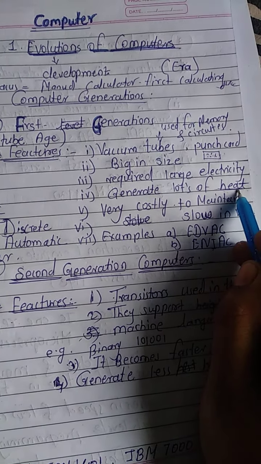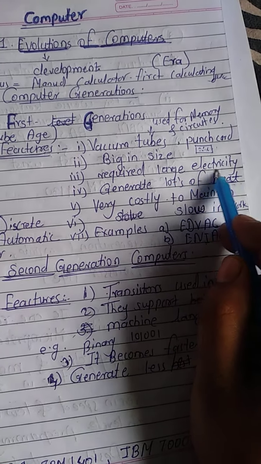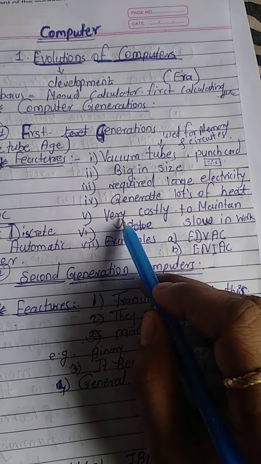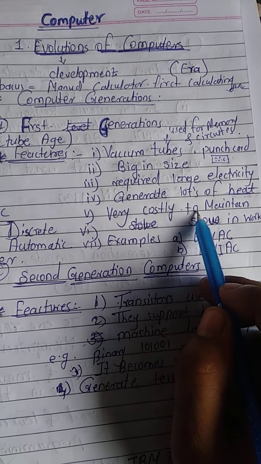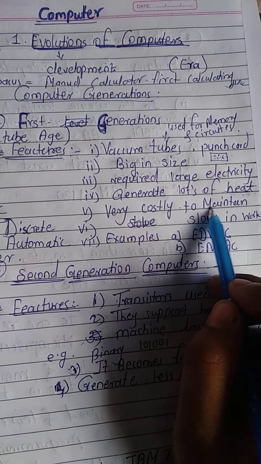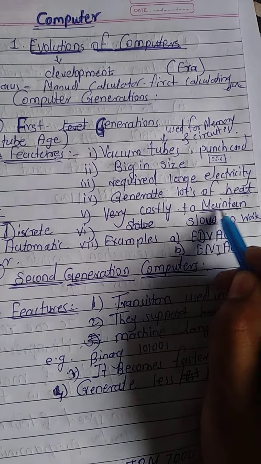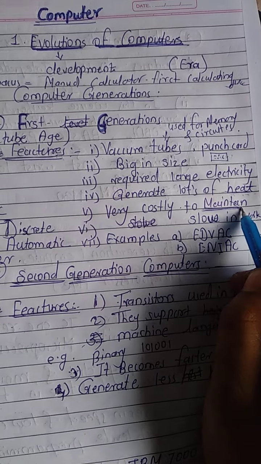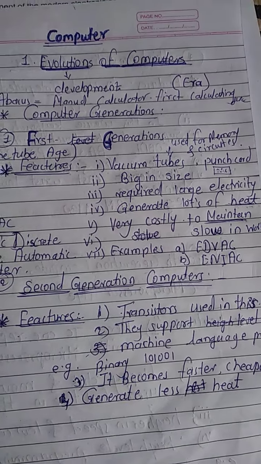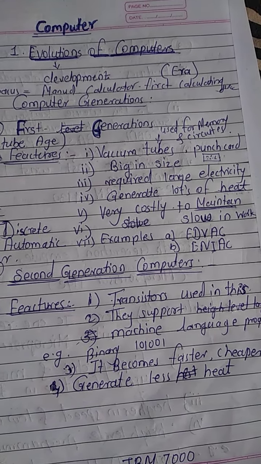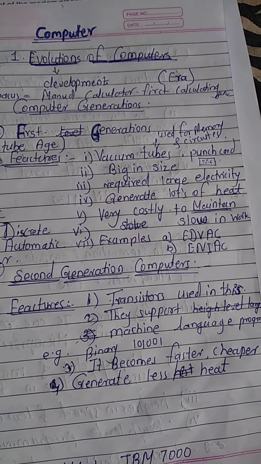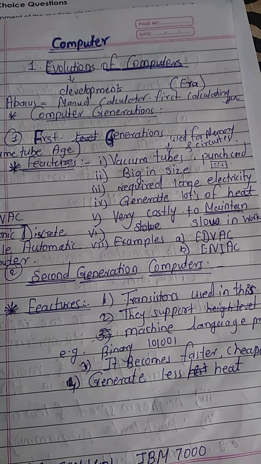So it generates more heat, and that's why it is very costly to maintain. Maintain means when any part of our old computer is damaged, at that time we have to replace it. It is very costly to replace that part.